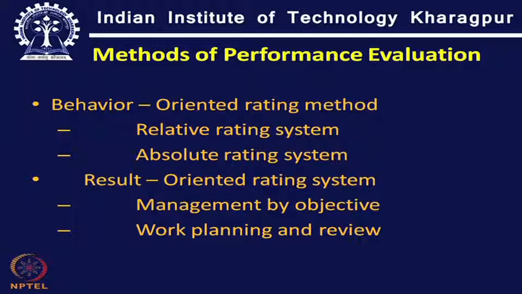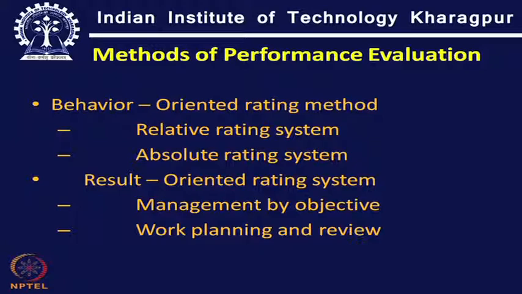When you are talking of the behavior oriented rating method, you are more focused on the expected behaviors in a particular type of job, and when you are talking of the result oriented rating method, you are more focused on the result, the task at hand, the target set, and what you expect from that job. So, what is the outcome that you expect from it. So, there are two main classifications, the behavior oriented rating method and the result oriented rating method.